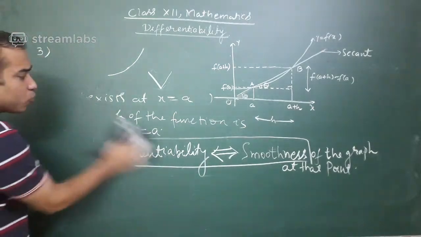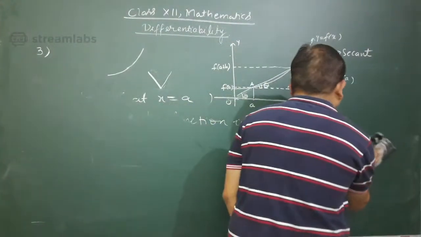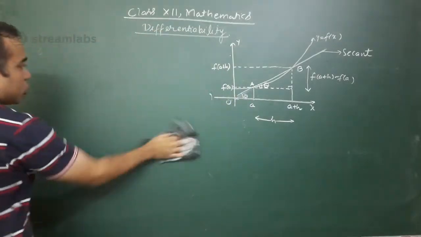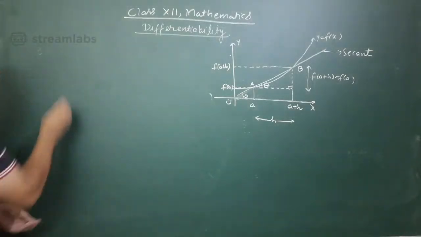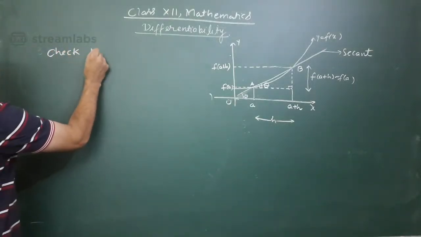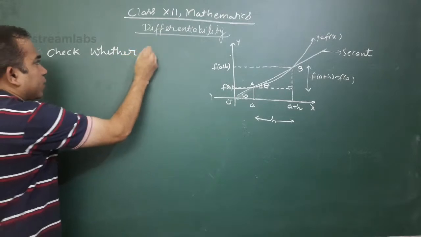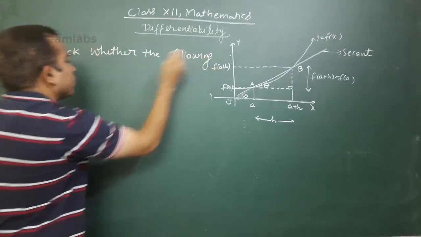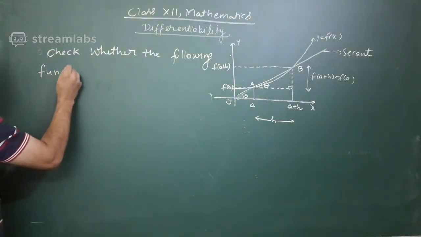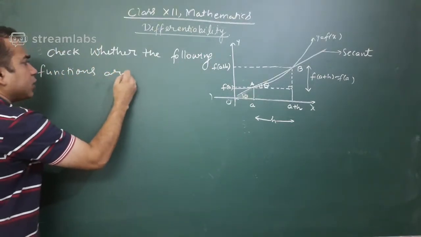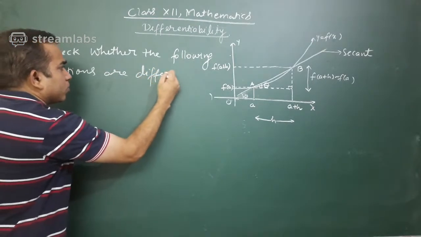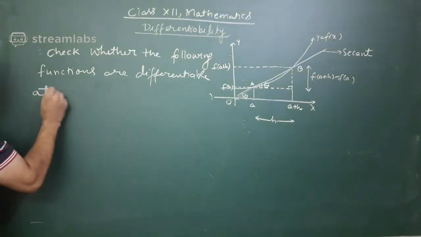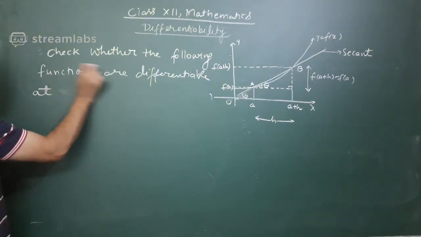And I'm going to give you some questions and would expect the answer in the same lecture in the live chat. So some questions that check whether the following functions are differentiable at x equal to the given point.